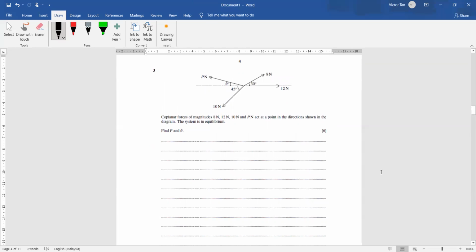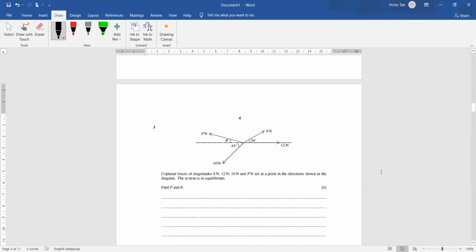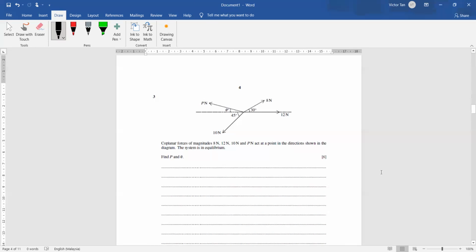Co-planar forces of magnitude 8, 12, 10 and P Newton act at a point in the directions shown in the diagram. I like this kind of question. Diagram is given. Find P and theta. In this type of question, you need to resolve the forces horizontally and vertically. So vertically, P upwards is P sine theta plus 8 sine 30 equals 10 sine 45.